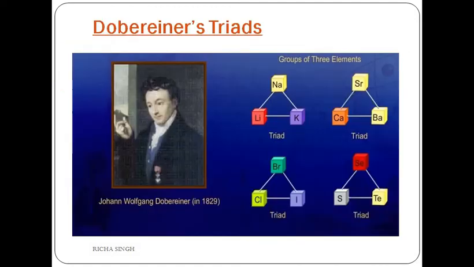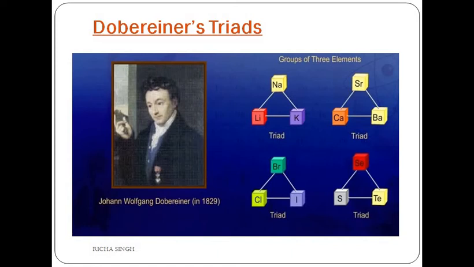Dobereiner was a German chemist, and he arranged elements with similar physical and chemical properties in groups of three called triads. The basic arrangement was the atomic masses of the elements. You can see there are 4 triads of this type.